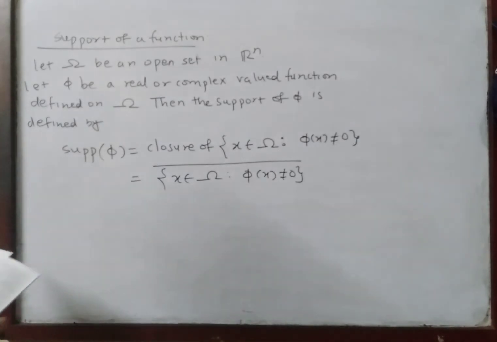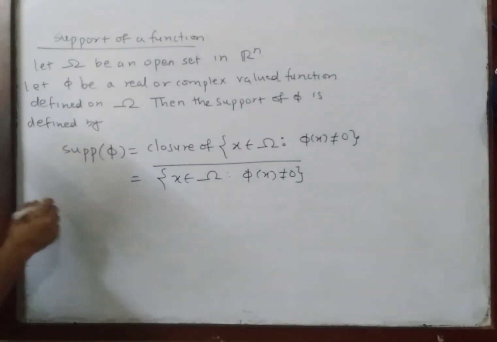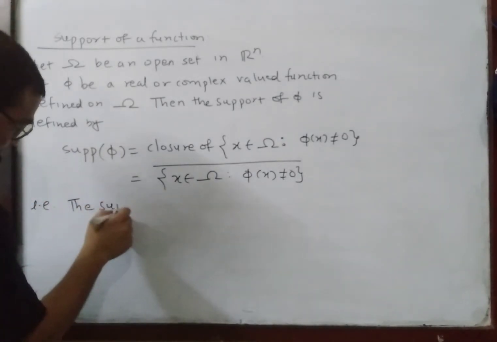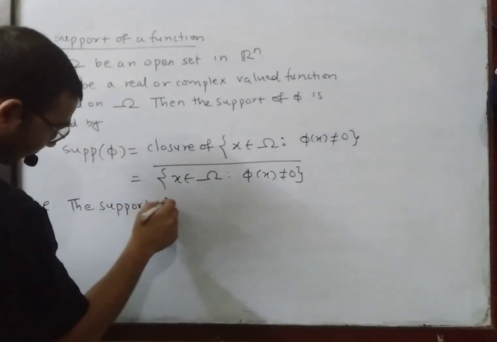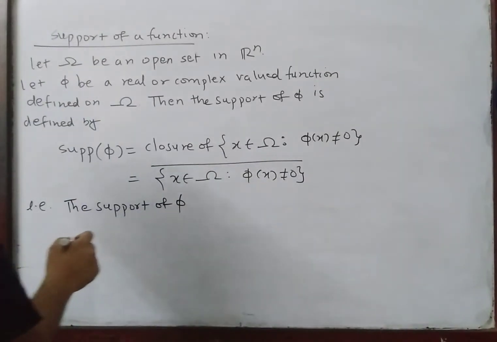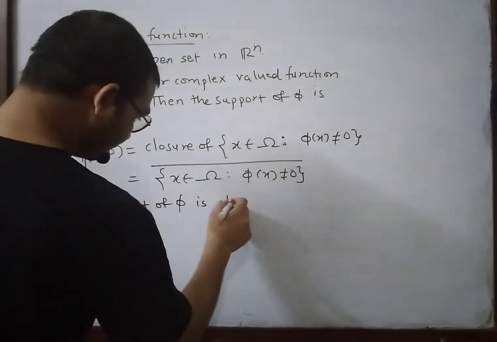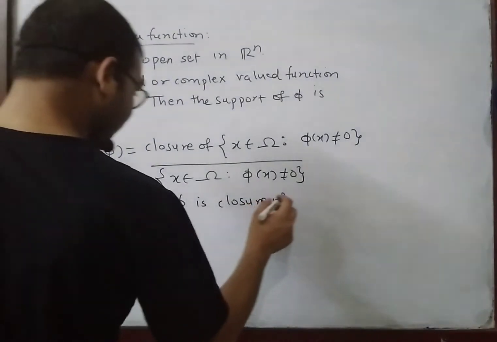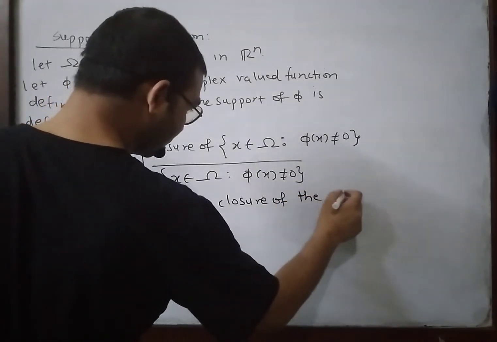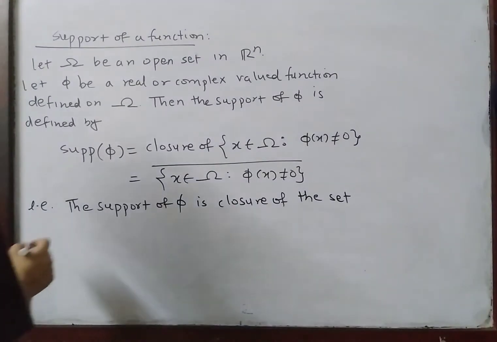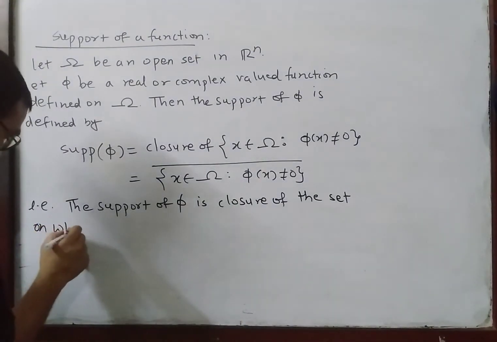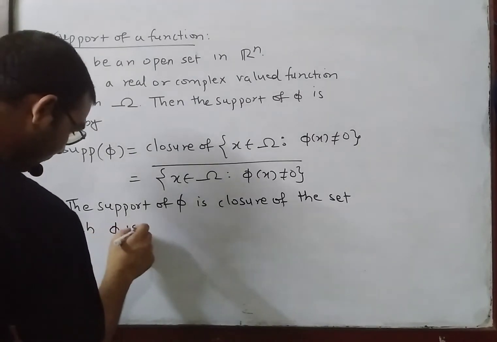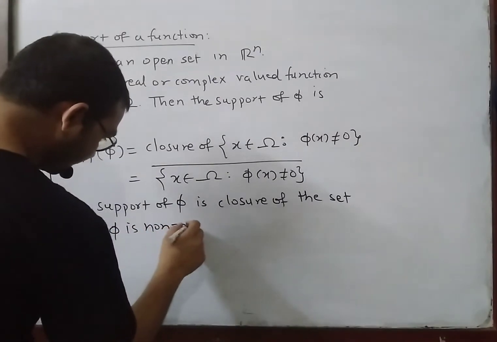So what does it mean? It means the support of phi is the closure of the set on which phi is non-zero.